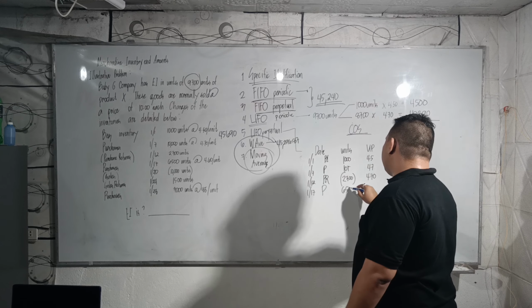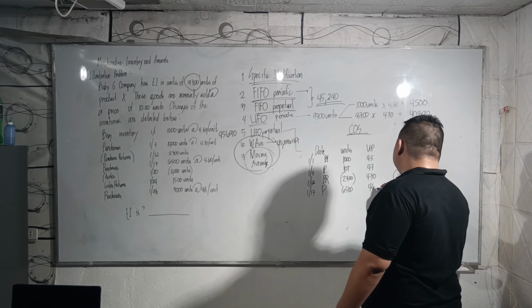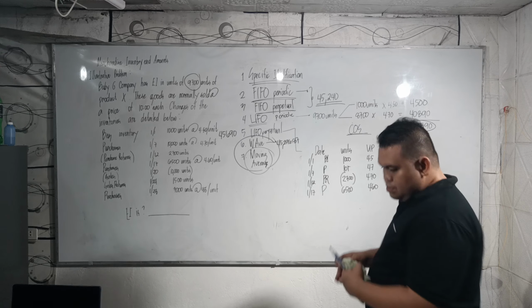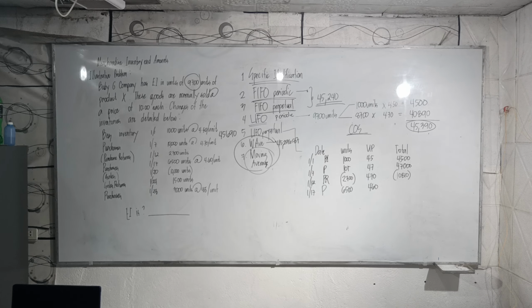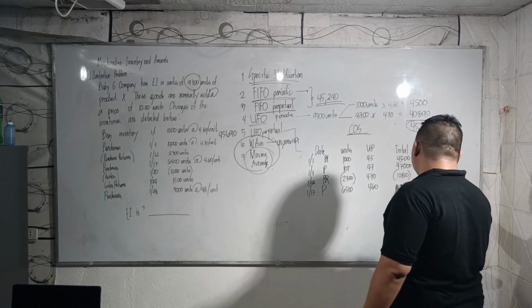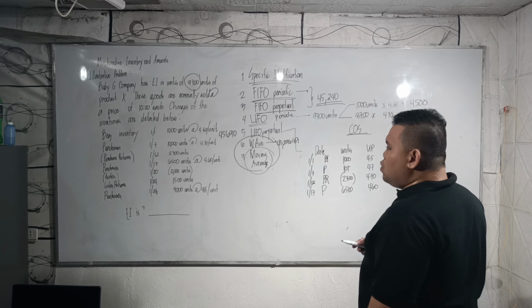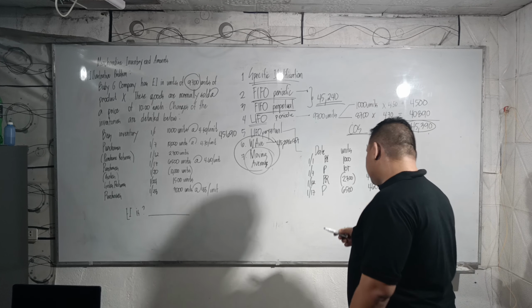We have 6,500 times 4.60. So 6,500 times 4.60 equals 29,900. Do we go on? Yes.